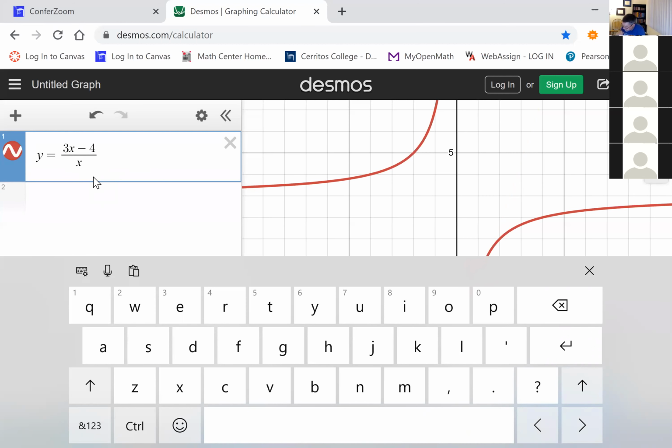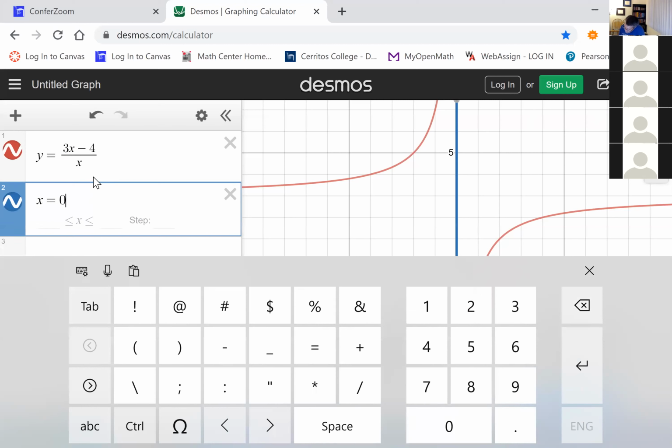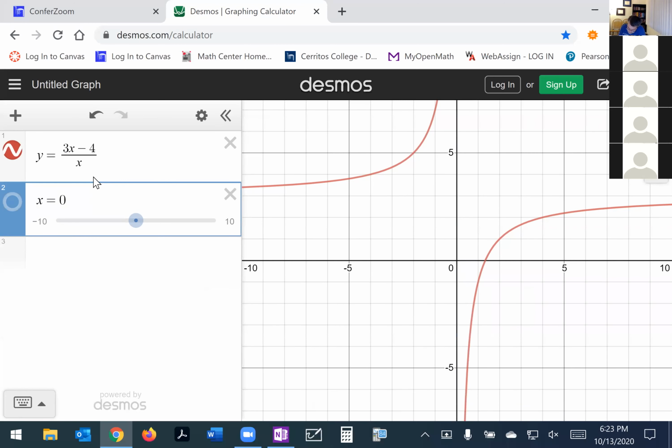Okay, there we go. Now I'm going to put in the asymptotes here. The first asymptote we said was x equals 0, so let's put that one in. I'm going to make this a dashed line, if I can.